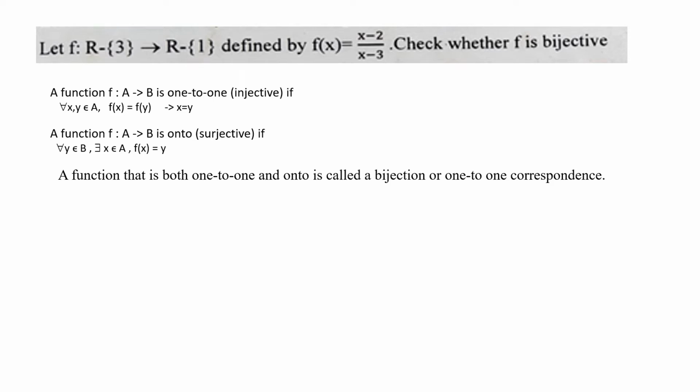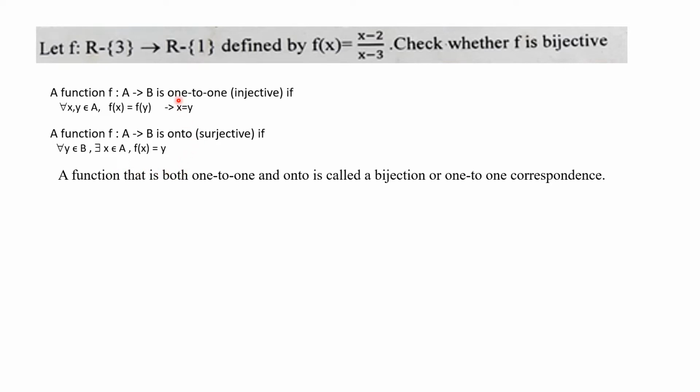So for proving a function is bijective, we have to prove that f is one-to-one and f is onto. The condition for one-to-one is for every x, y belongs to A, f of x is equal to f of y implies x is equal to y. A function f from A to B is onto if for every y belongs to B, there exists x belongs to A such that f of x is equal to y.